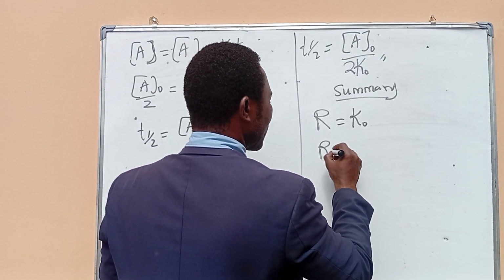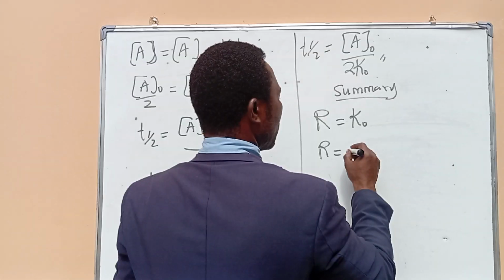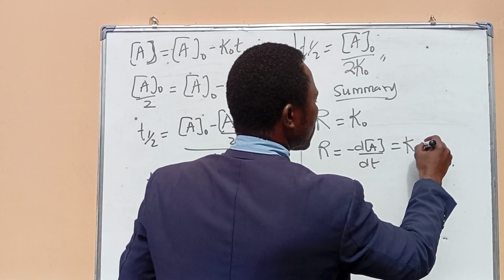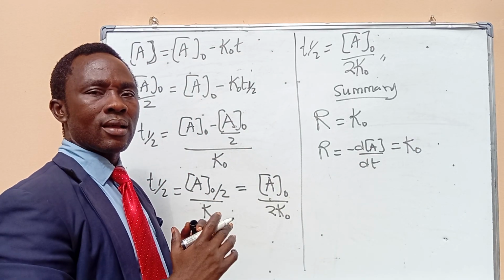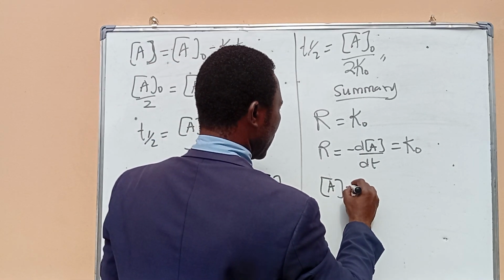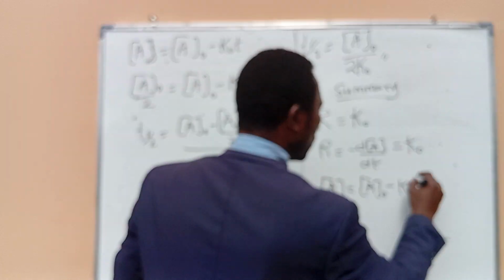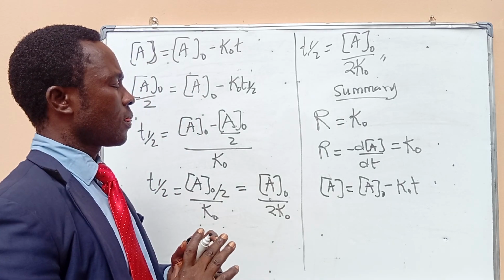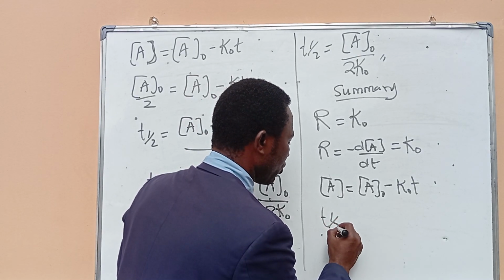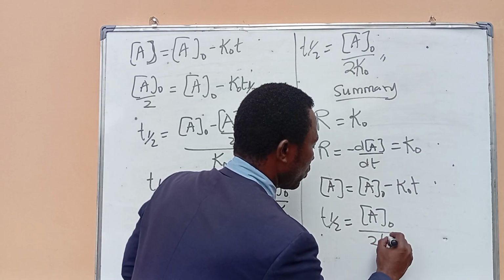Then the differential rate law is minus dA over dT, which is equal to K0. Then the integral rate law will give us A equals A0 minus K0T. Then the half-life T1/2 is equal to the initial concentration divided by 2K0.